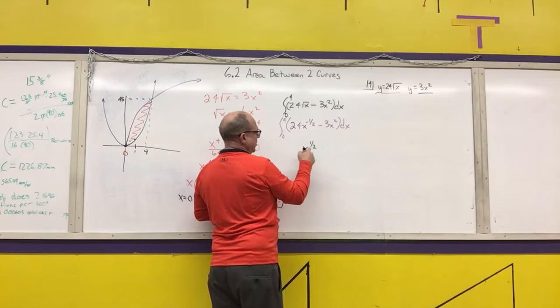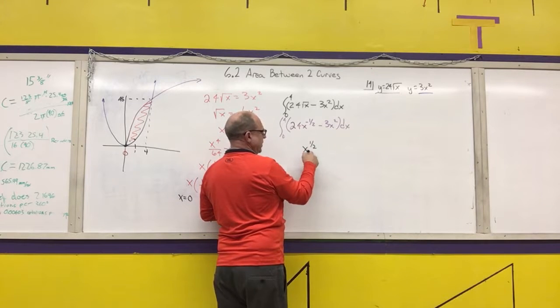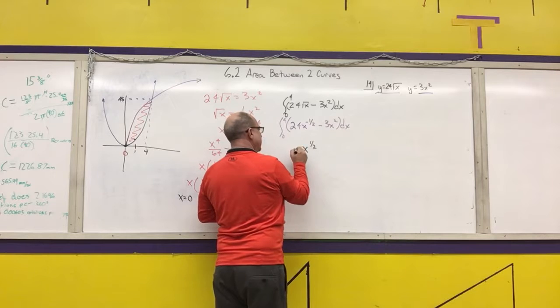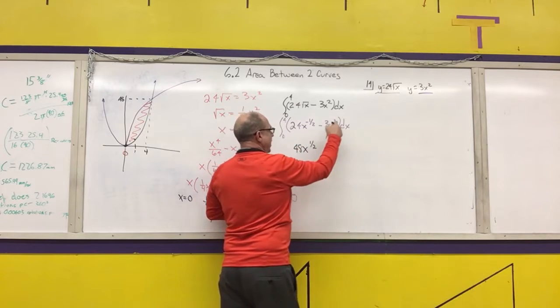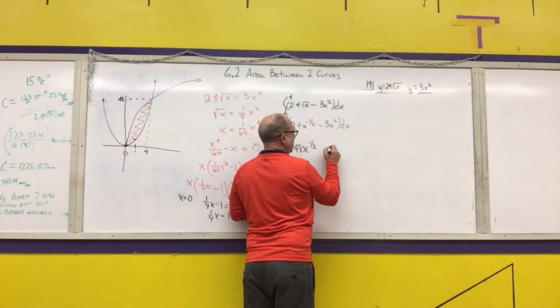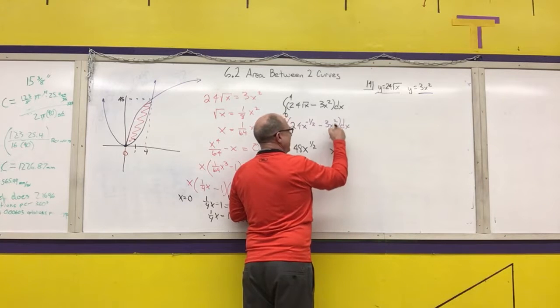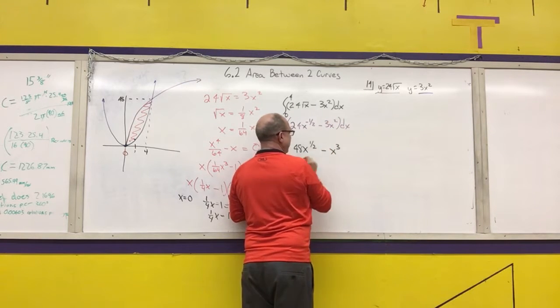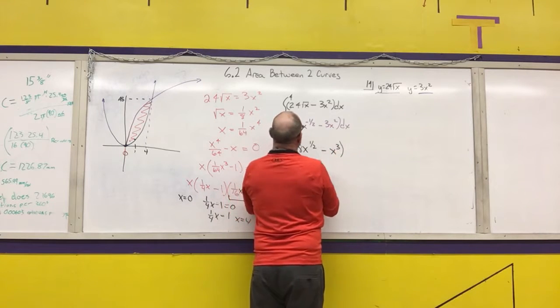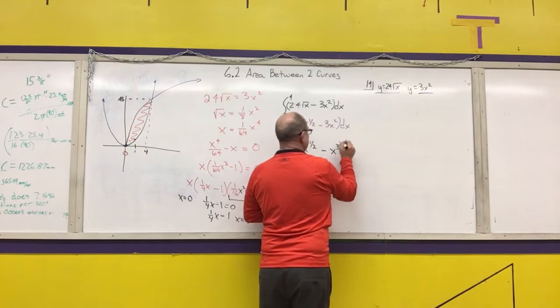Dividing by the new exponent is the same thing as multiplying by its reciprocal. So I'm going to multiply by 2. Add 1 to the exponent, which is 3. Negative 3 divided by 3 is negative 1. Evaluated between 0 and 4.